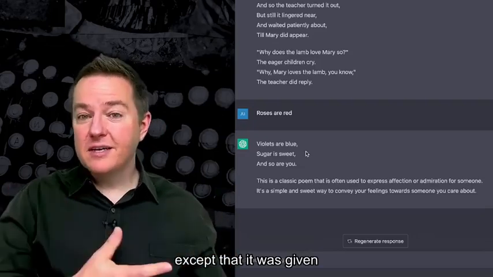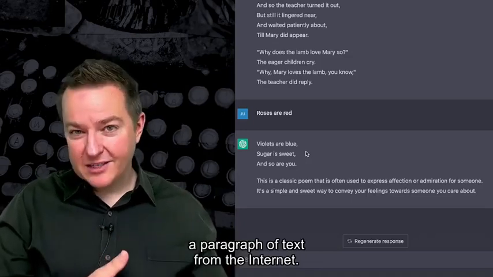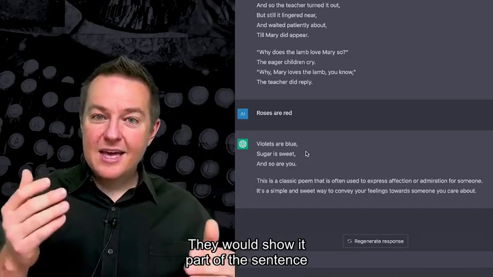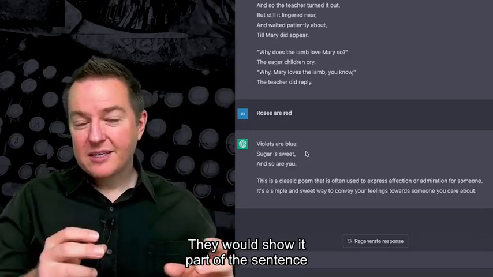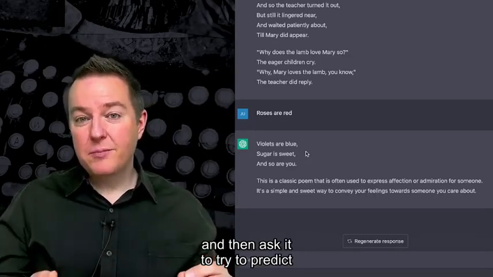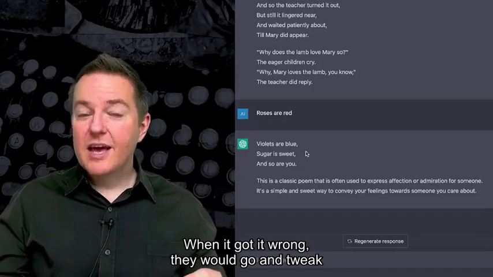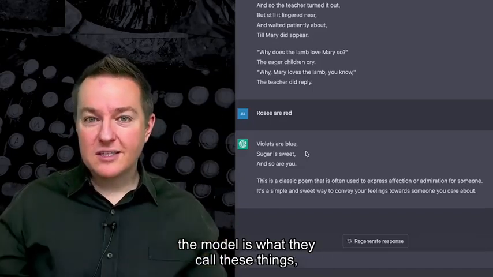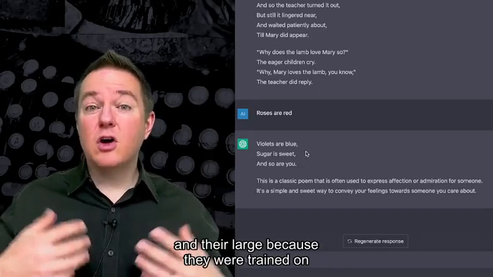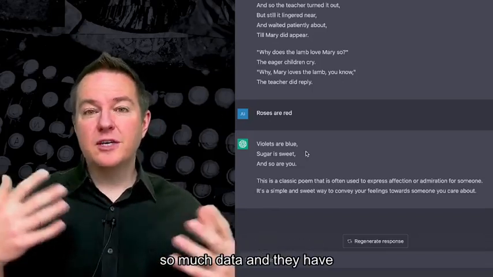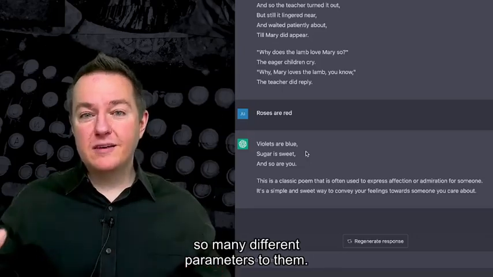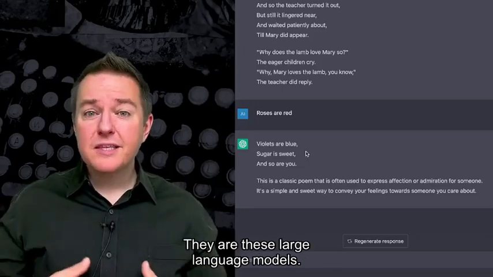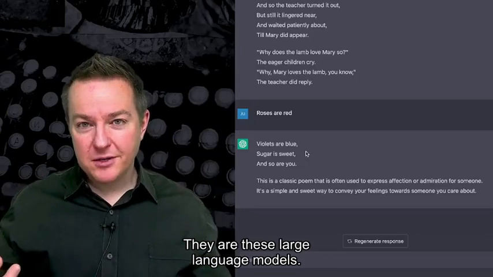They would show it part of the text, part of a sentence, from a paragraph of text from the internet, and they would ask it to try to predict the next word in the sentence. And when it got it wrong, they would tweak the model, which is what they call these things, large language models. And they're large because they were trained on so much data, and they have so many different parameters to them.